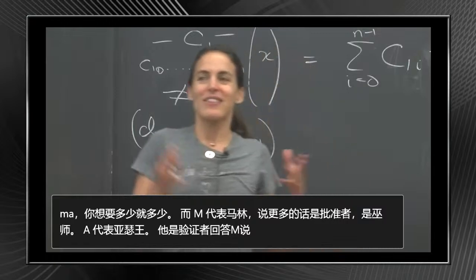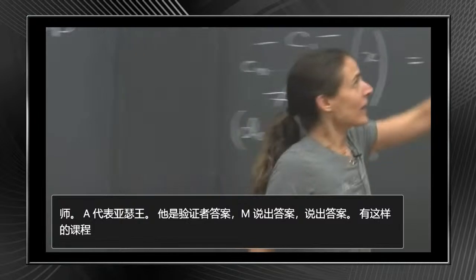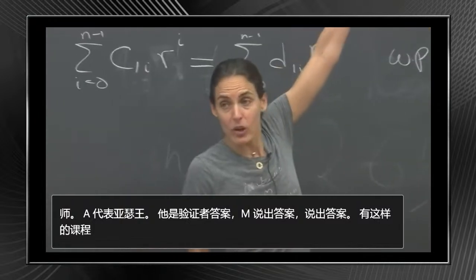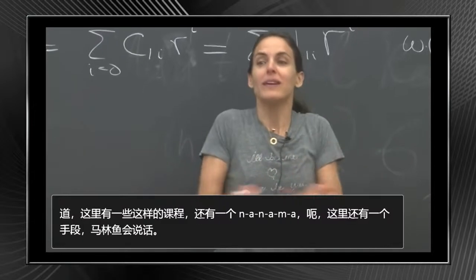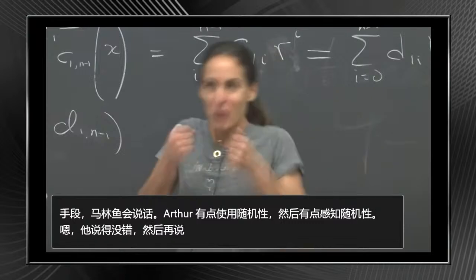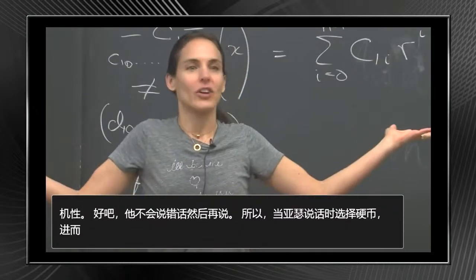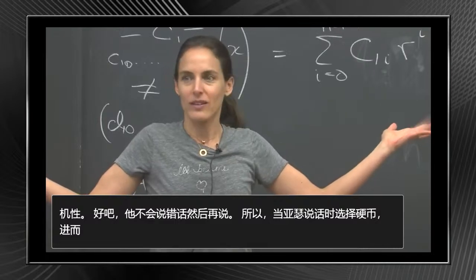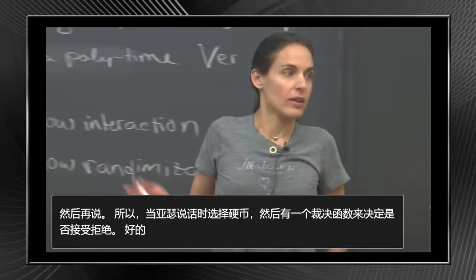So there are these classes. In MA, Merlin speaks, then Arthur chooses coins, and there's a verdict function that decides whether to accept or reject. And we don't know if MA is different than NP.